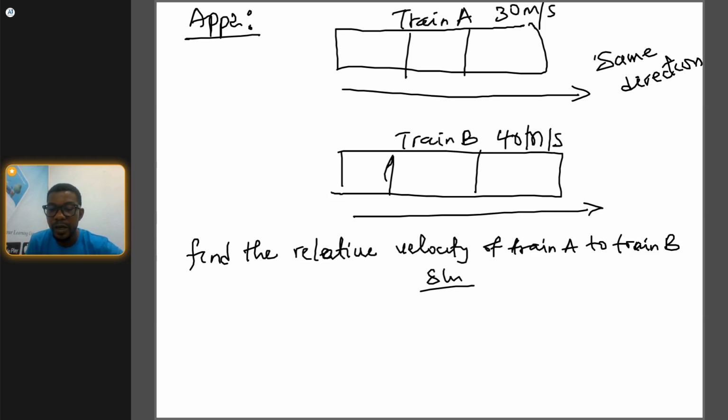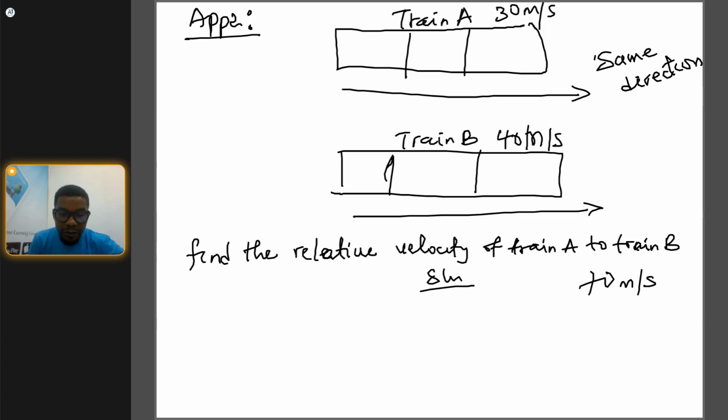70. Awesome. A great response. Well done, Enoch. The answer will be 70 meters per second. So how did he get that response? We said earlier that when two bodies are in motion and they are moving in the same direction, to obtain your relative velocity, you add up their velocities.